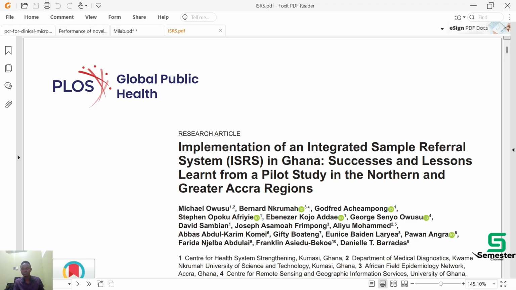We have TB samples moving from one facility to the other. But then we wanted to see how feasible it would be to pool HIV samples, TB samples, veterinary samples, all these other samples as one, and then move them to a facility that will be able to test these samples.